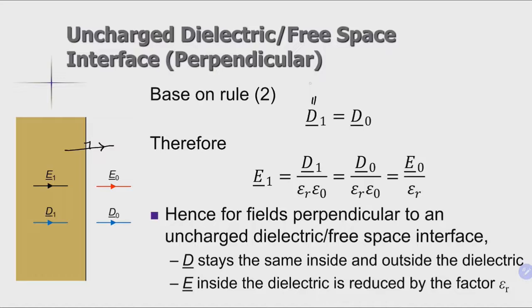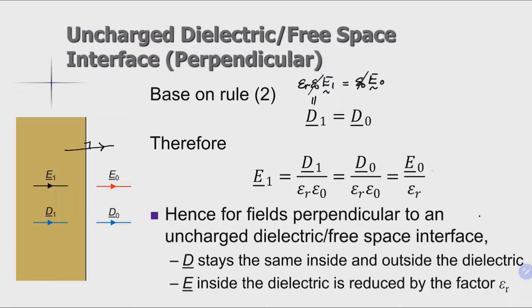D1 is equal to epsilon r epsilon naught E1, and this equals D0, which is epsilon naught E0. Epsilon naught cancels out. Therefore, epsilon r E1 is equal to E0, and E1 will be equal to E0 divided by epsilon r.